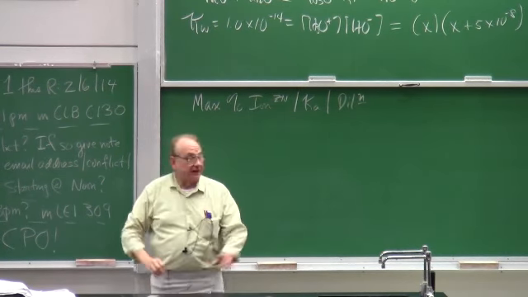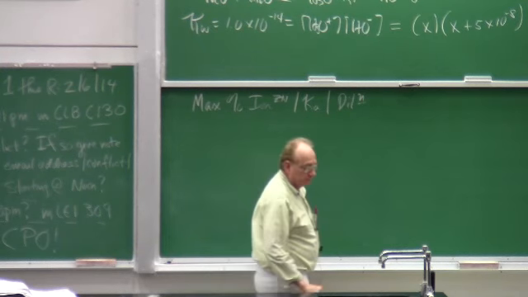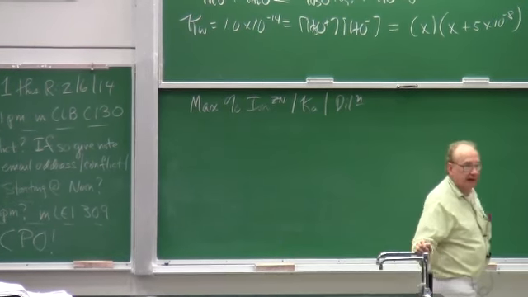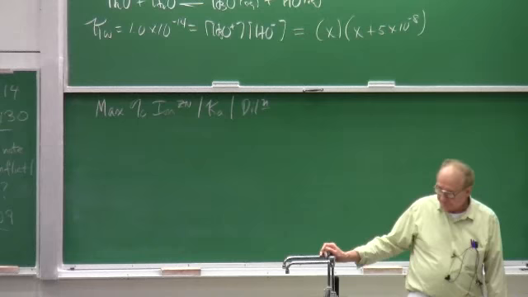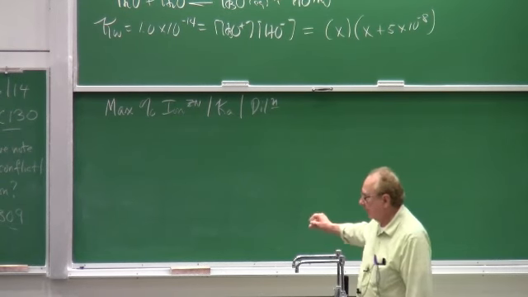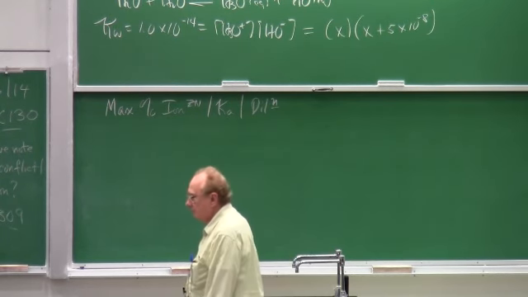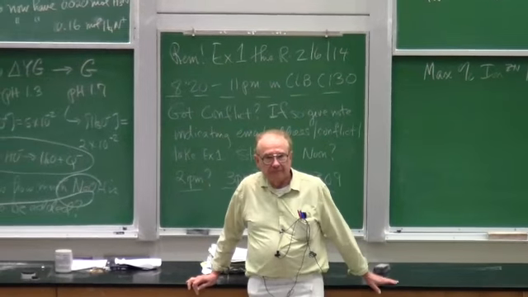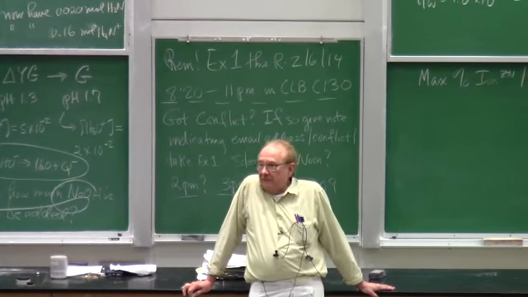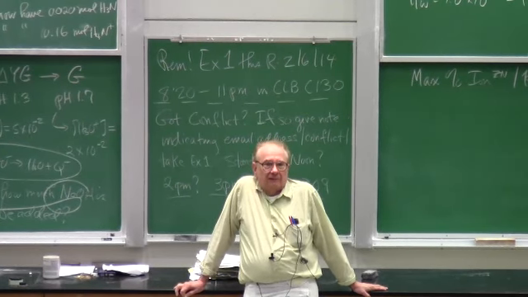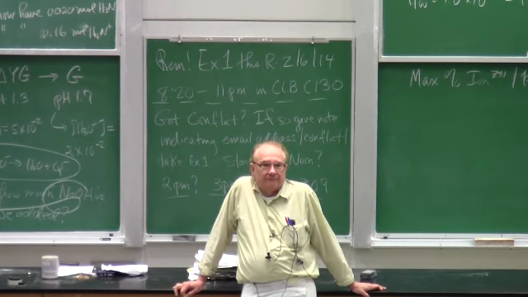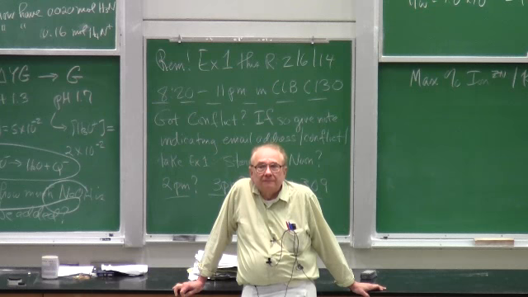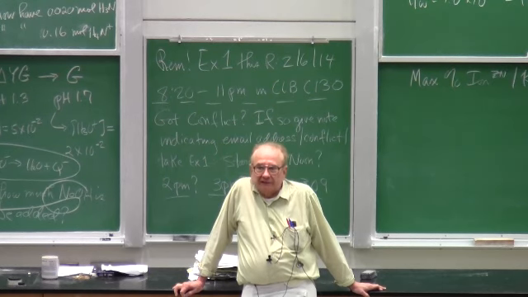You can also write in Kb. We have recognized as we dilute a water solution of a weak acid or a weak base, what do we do to ionization extent? Increase it.